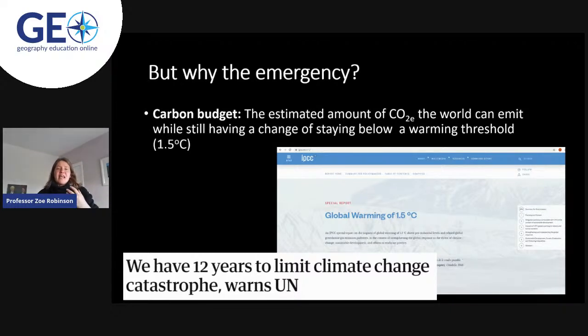This is basically the estimated amount of carbon dioxide equivalent that the world can emit while still having a chance of staying below a warming threshold, for example, 1.5 degrees C. And bear in mind, we've already reached about 1 degree C above pre-industrial times. And we now realise that we would really like to keep global temperature increase to below 1.5 degrees C.